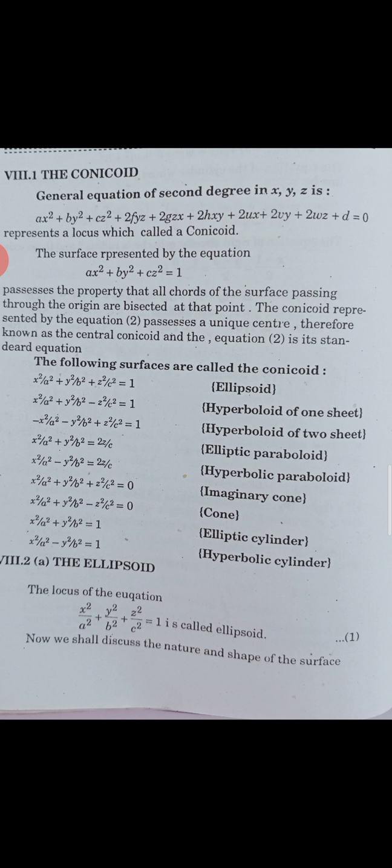The locus of the equation x²/a² + y²/b² + z²/c² = 1 is called the ellipsoid.